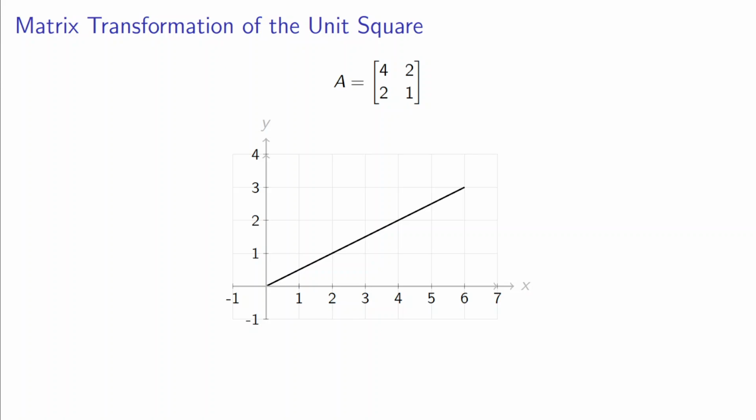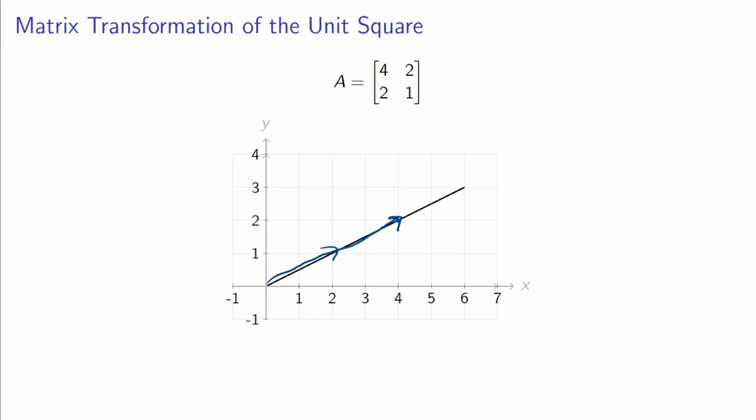And one more example here. So in this case, we have 1, 0 goes to 4, 2. So 4, 2. And kind of along this, right? And 0, 1 goes to 1, 2. So these land on each other.